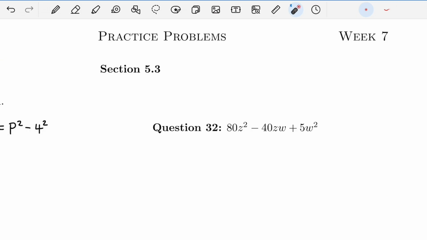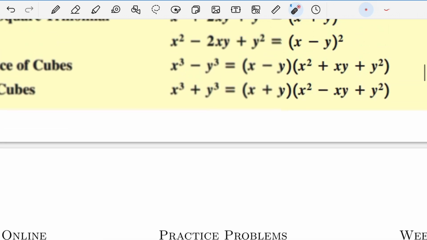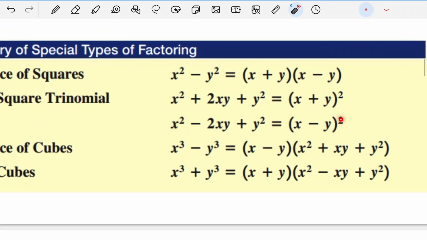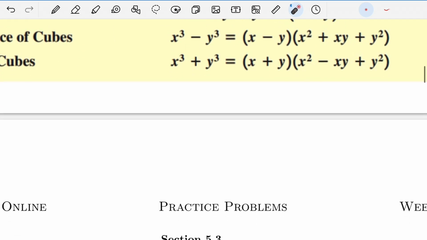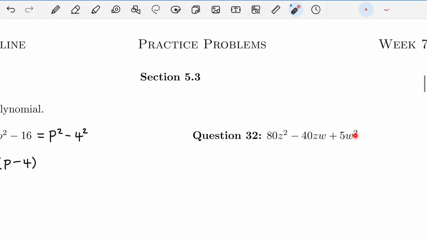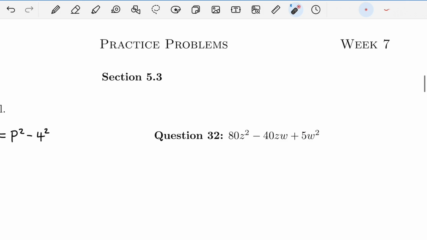So with that being said, we have question 32 here. This also reminds me of a perfect square trinomial in that our first and last terms are squared, and then the middle term is going to be the product of our two variables here. Now in this case, we're subtracting our middle term, so this gives us an indication that we're looking at this case here. However, before we can actually factor this, we need to rewrite this so it matches the same form as our perfect square trinomial.